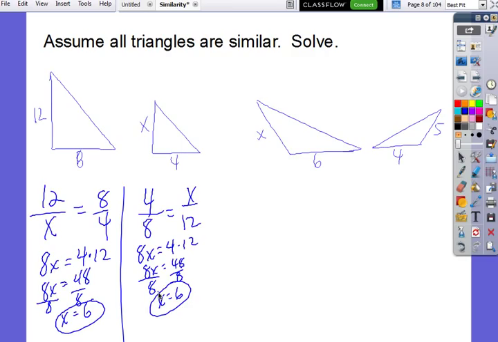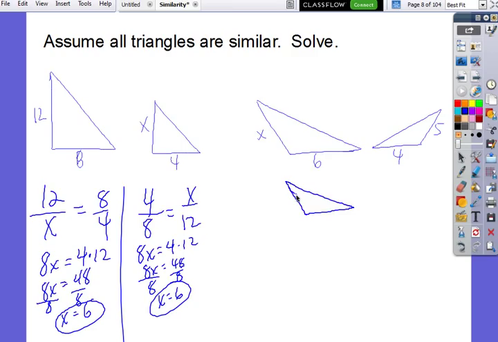Now, look at this second triangle, or second set of triangles. It would probably be in your best interest to redraw the triangles so that they look the same. Notice how these first two look exactly the same. I would probably take this one and redraw it so that it looks like that one. Now, when I do that, what did I do with this from here to here?